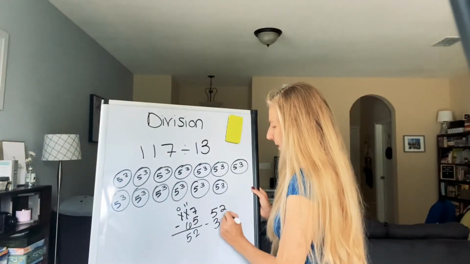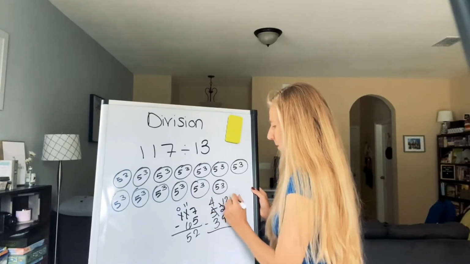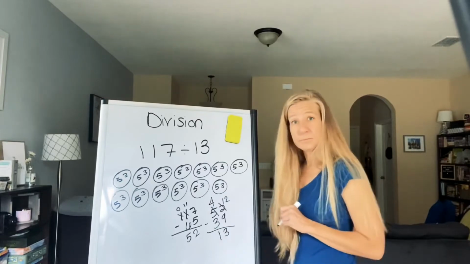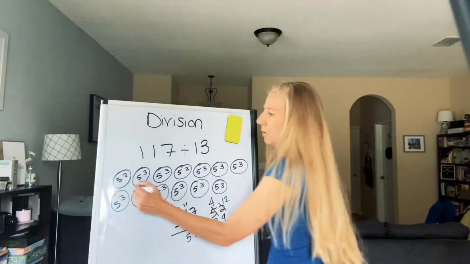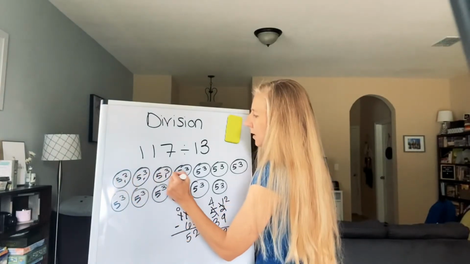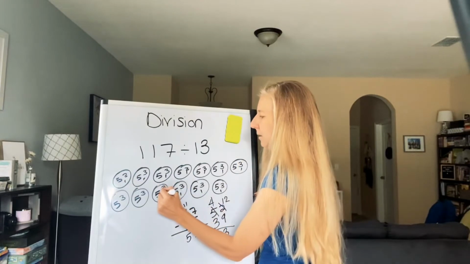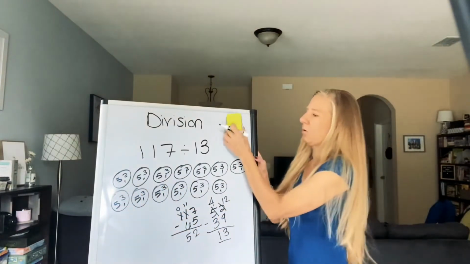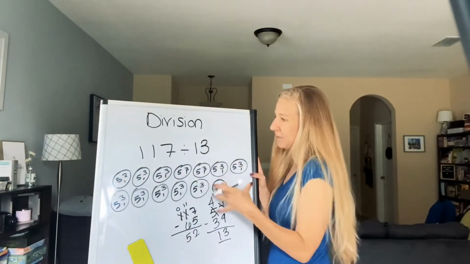Now I'm going to take away that 39 and see what I have left. 13. And since I'm making 13 groups, I could do 1 in each group. So 1, 2, 3, 4, 5, 6, 7, 8, 9, 10, 11, 12, 13. So now I made 13 equal groups and I counted up to see how many I could do.